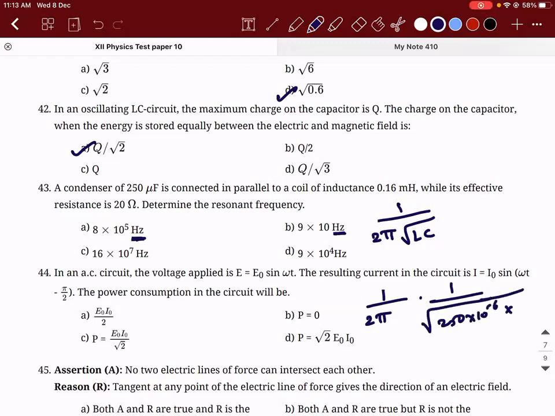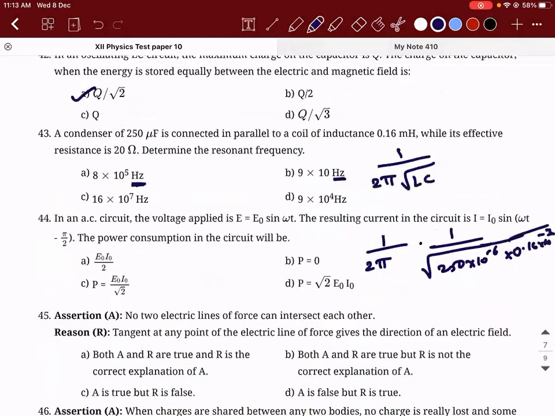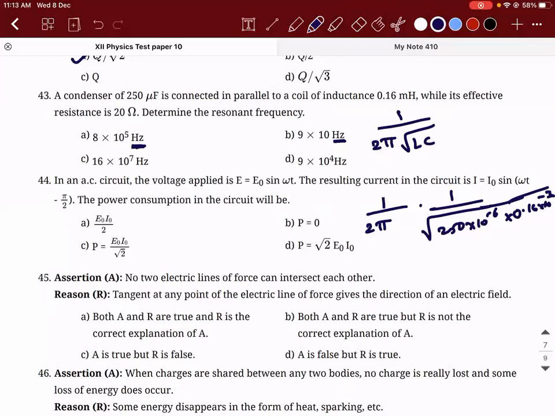C is how much? C is this much. L is 0.16 into 10 power minus 3. Correct? Answer is right. So for the calculation part, first let's try to calculate this value, then we will divide it with 1 by 2 pi.